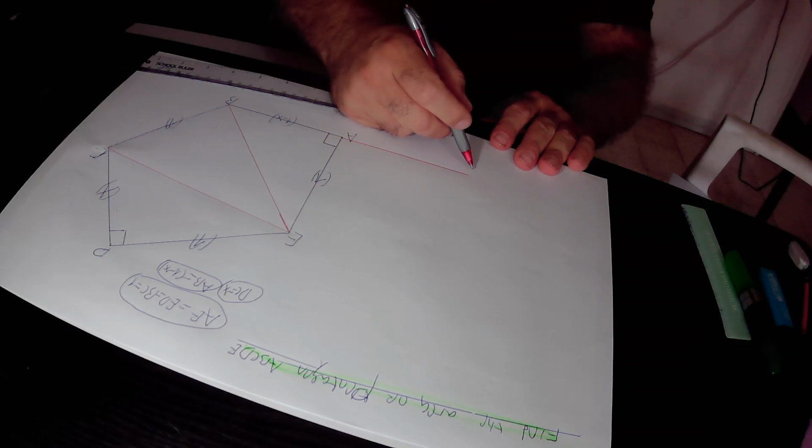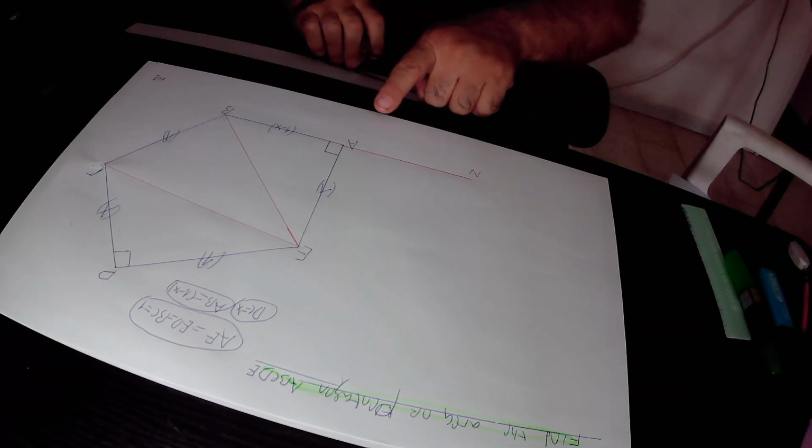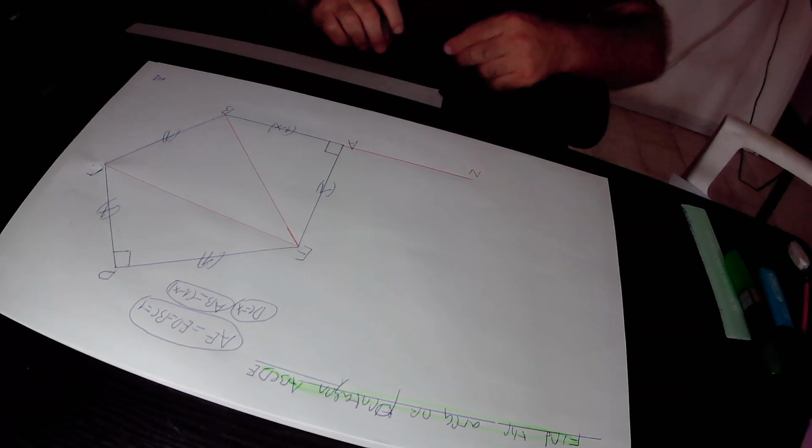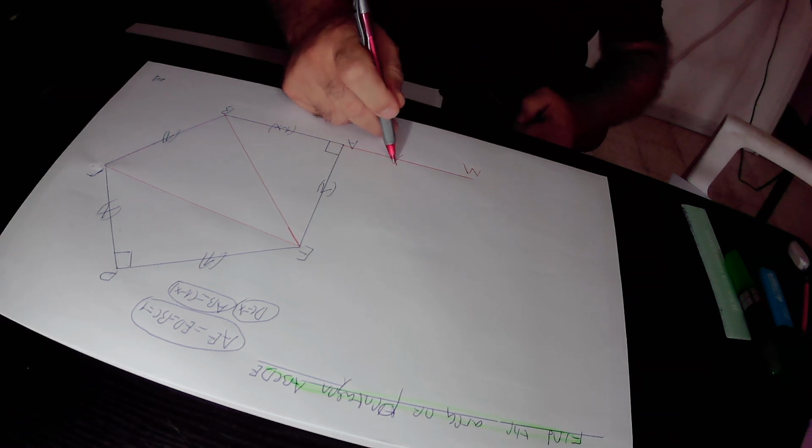We define this point as point M. So actually, the extended part AM is equal to x units in length according to our construction.